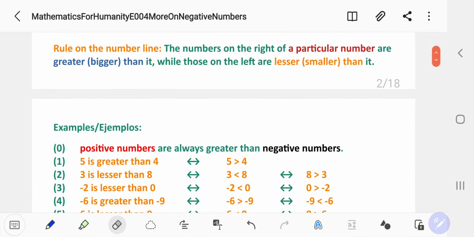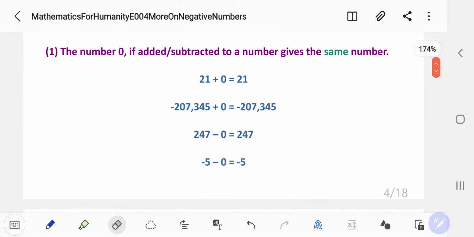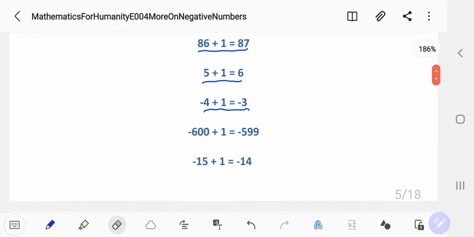So here, the next number after negative 600 is negative 599. That's negative 600 plus 1 is negative 599. Then you have negative 15 plus 1 is negative 14. And that's for rule number 2.